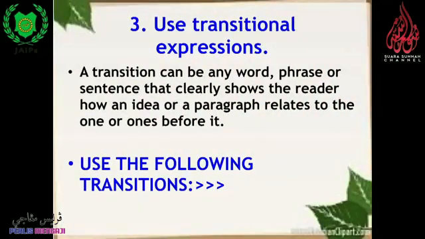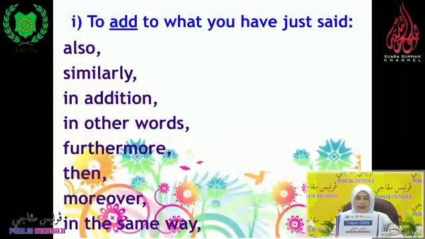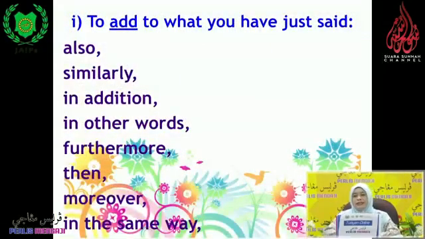Use transitional expressions. A transition can be any word, phrase, or sentence that clearly shows the reader how an idea or a paragraph relates to the one or ones before it. Use the following transitions. Okay, the first one, to add to what you have just said.